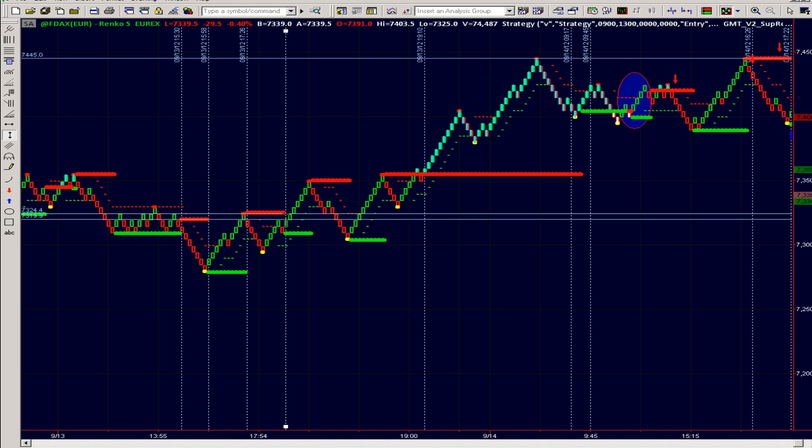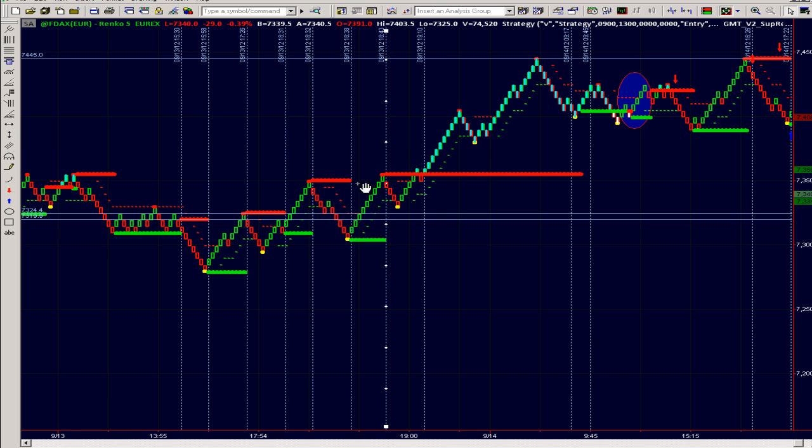So these are the times when things are starting to work really well, and this consolidation is what you're really after. Basically that's what this system is designed for: buying support, selling resistance. So you're actually taking advantage of the strategy as it's designed to be taken advantage of.